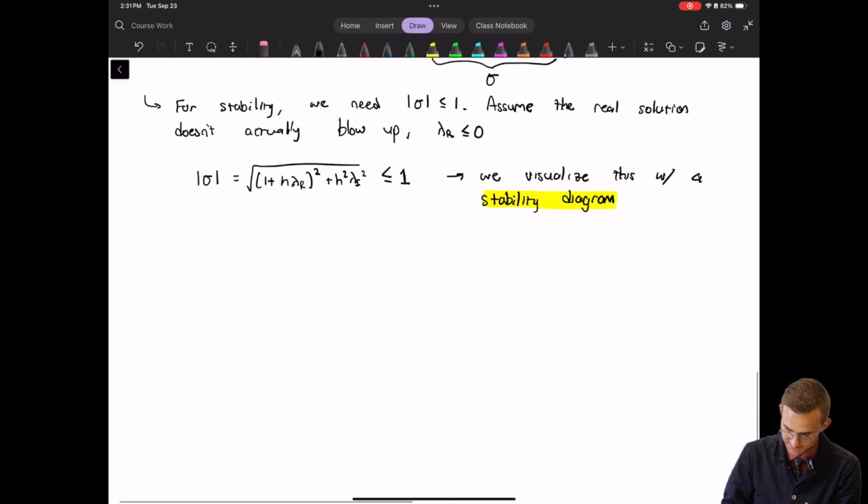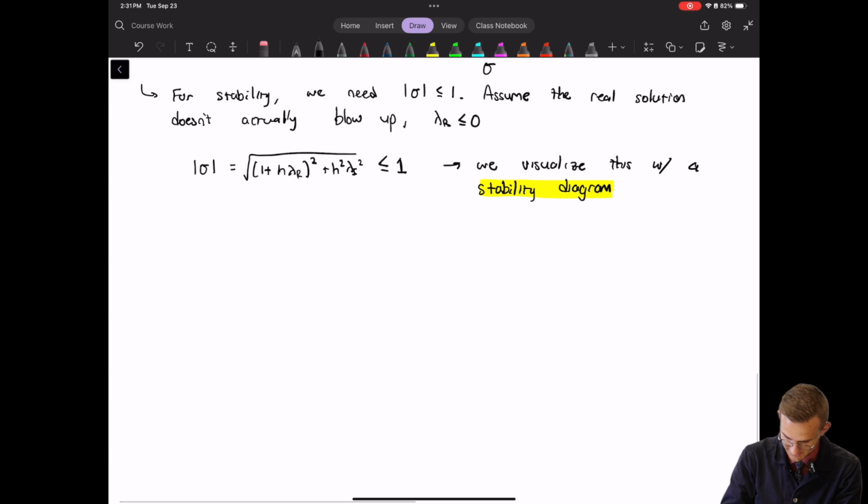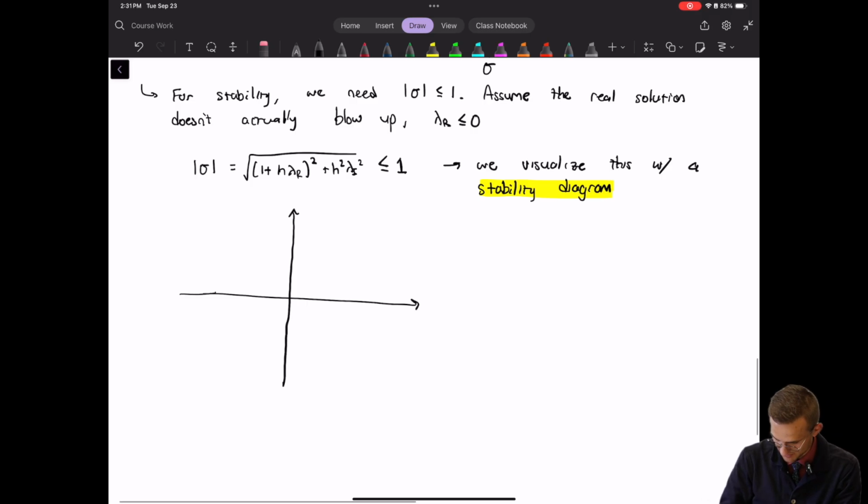Okay, so what we do is we draw the complex plane, and we normalize it by h. So we do h lambda r and plot h lambda I. Okay. And then we have our grid points here.